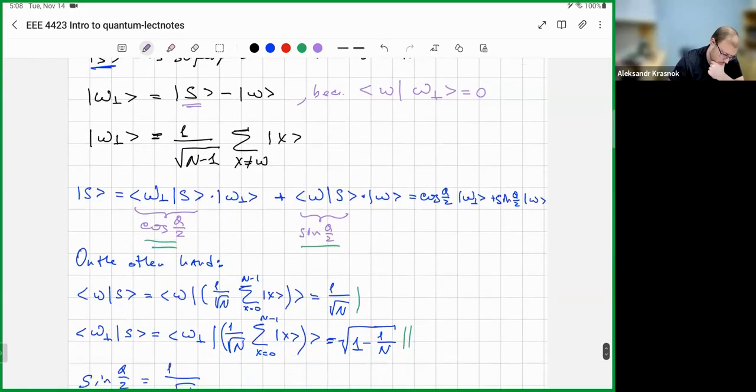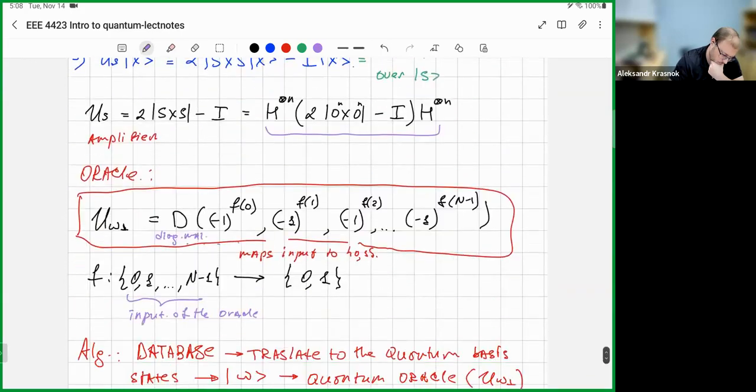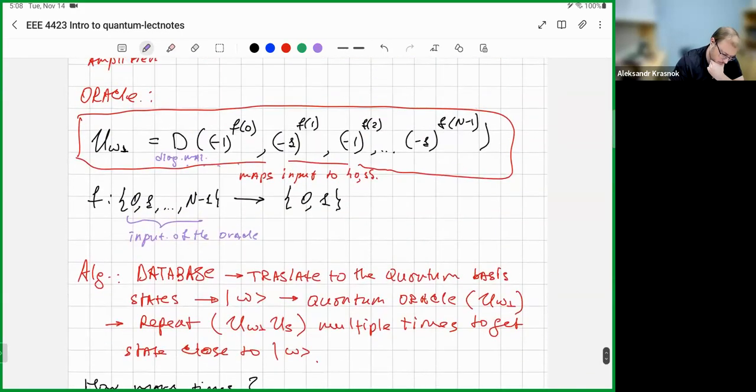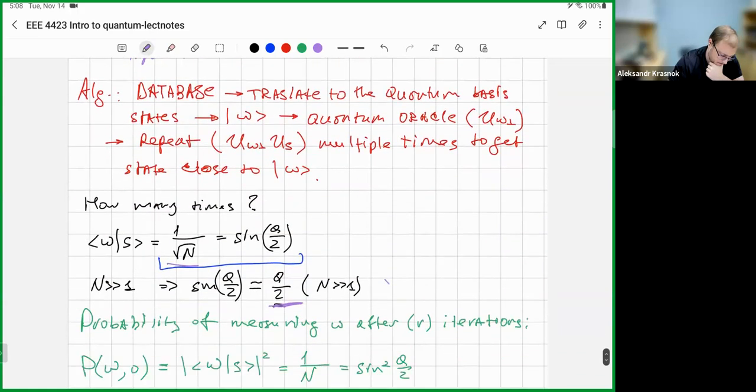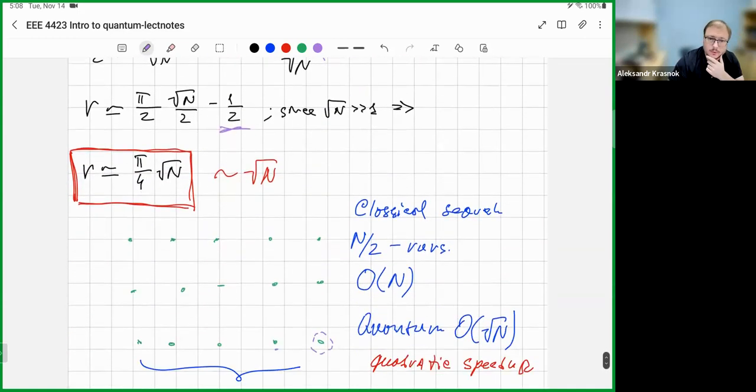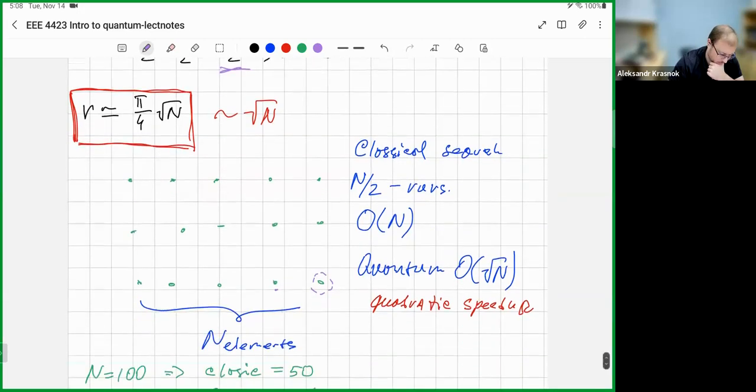Okay, so we discussed all this in detail, including the part about programming the oracle's operator. We also discussed the number of iterations to be done in order to find the element.